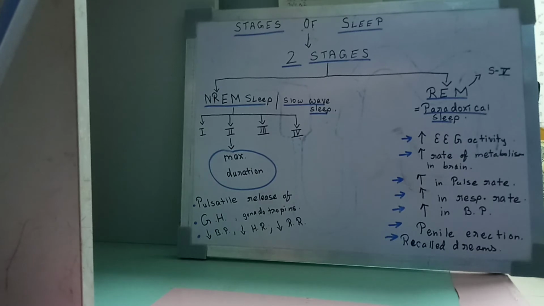Now we have to keep in mind one thing. Yes, the paradoxical sleep. Why is it called paradoxical sleep? Because in this stage of sleep, the brain is in excitation mode while muscles are immobilized. There is generalized loss of muscle tone.